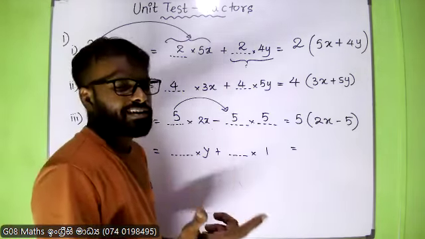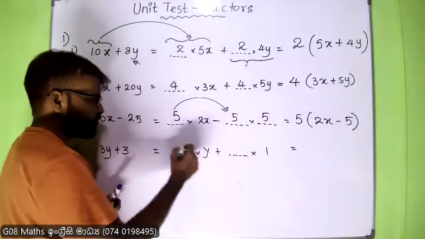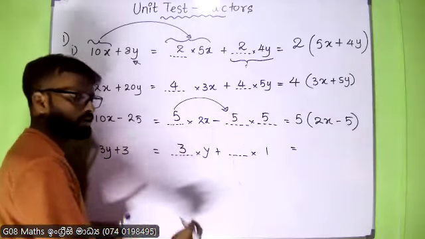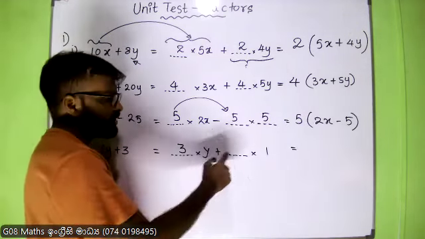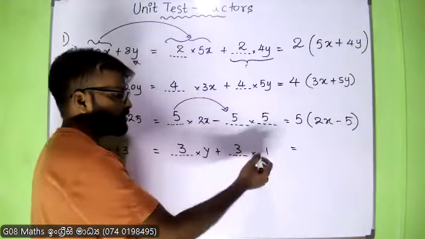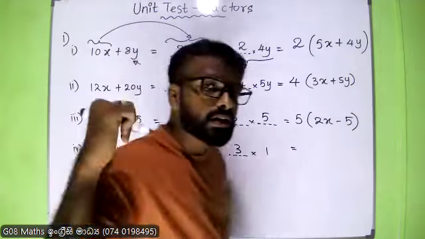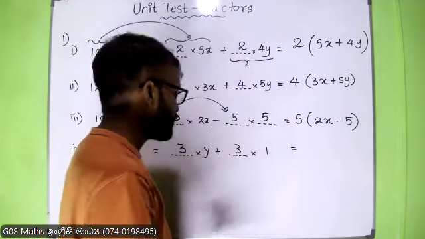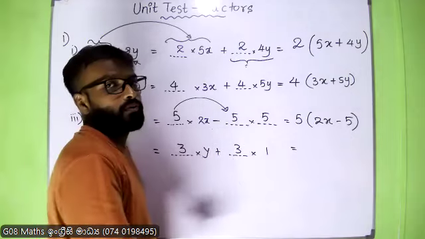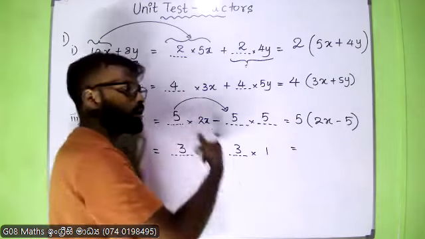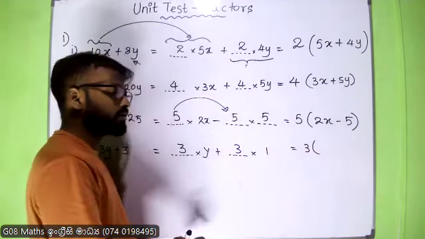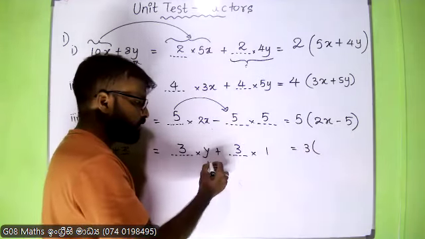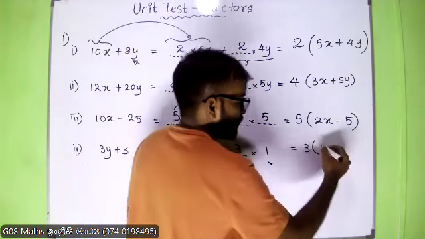If you want to take 3y, you have to expand it as 3 times y. 3 times y means 3y. How do you obtain 3? 3 times 1, 3. So what is the common factor? 3 is the common factor for both. Take it out from the bracket. If you take 3 out from the bracket, what are the remaining terms? y plus 1.